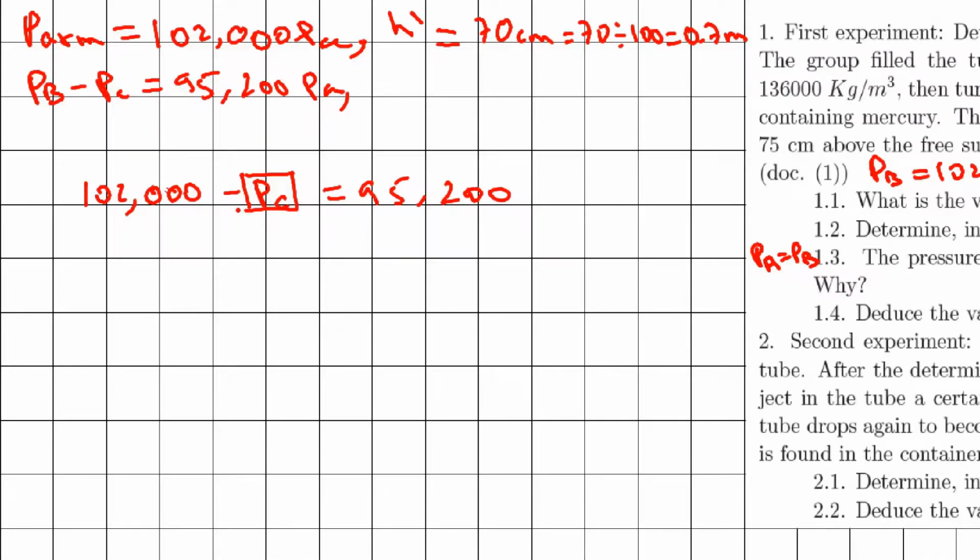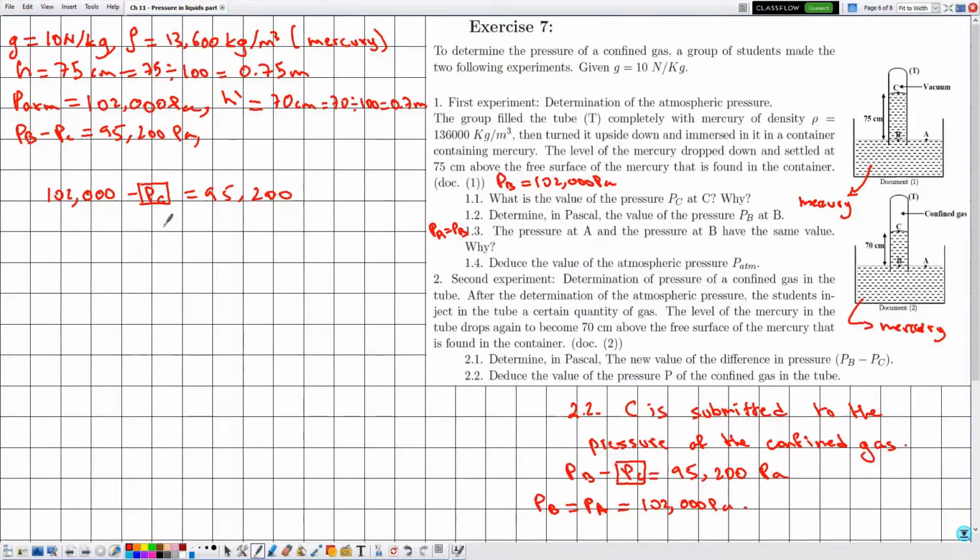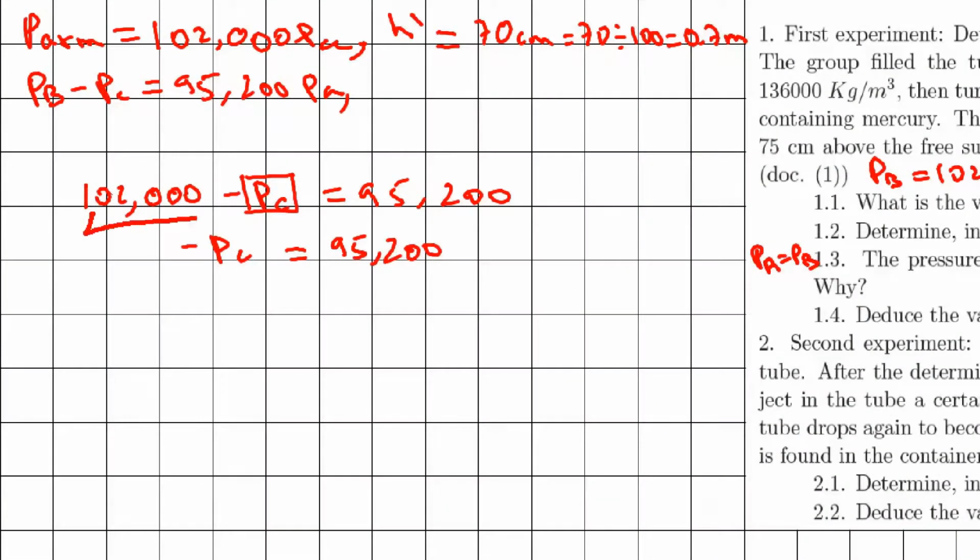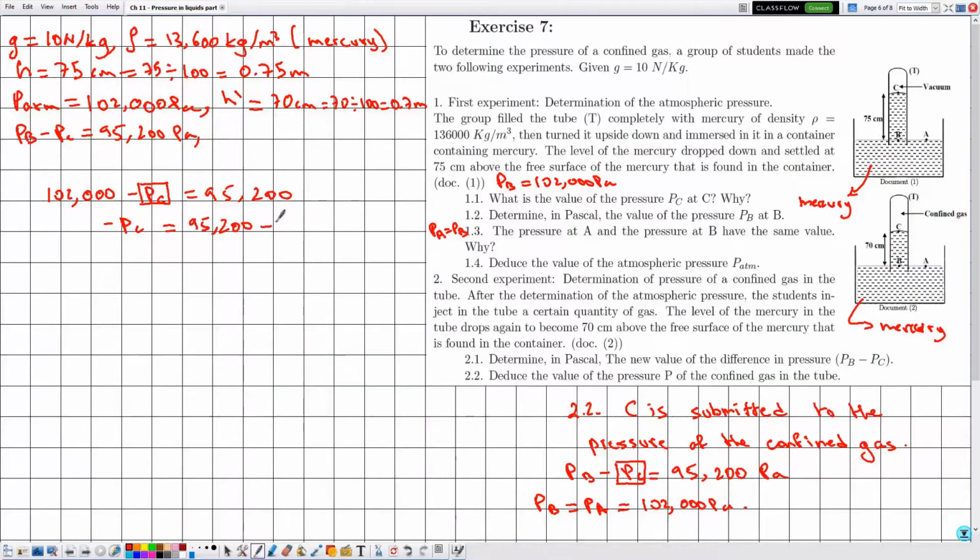We put PC on one side and all the numbers on the other side. Keeping minus PC in its place, dragging 95,200 to the right hand side, it will gain a minus sign, so minus PC is equal to 95,200 minus 102,000.